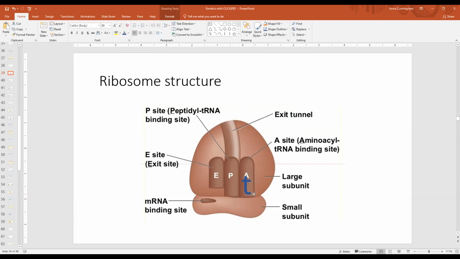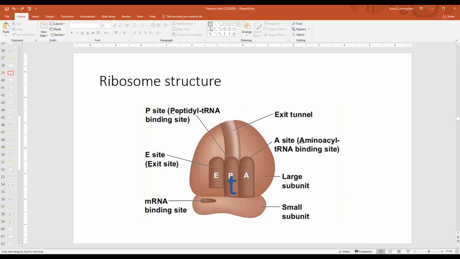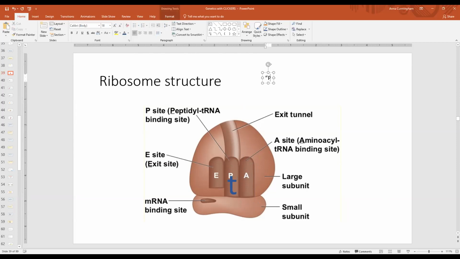If the ribosome moves to the right and the T is held in place, the tRNA would be moved into the P site. The P site stands for peptidyl tRNA binding site. I like to remember that instead as P for peptide bond.